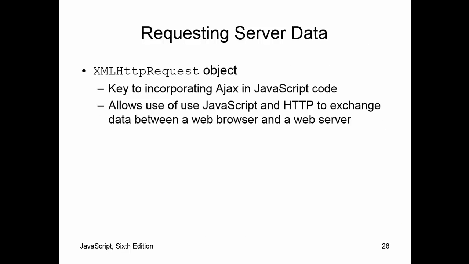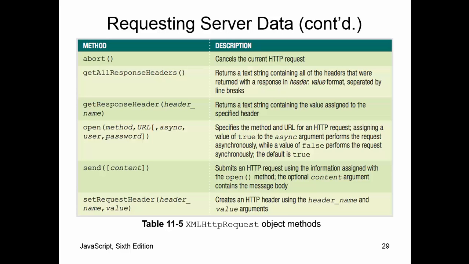Requesting server data starts on page 765 in your book. As it says, it's the key to incorporating Ajax. It allows the use of JavaScript and the hypertext transfer protocol to exchange data between the browser and the server. The key components are JavaScript and HTTP, but this works in conjunction with the server, so it's not solely done on a client.